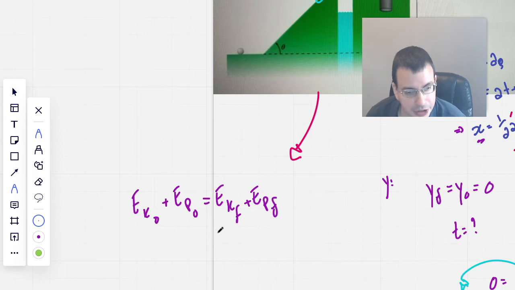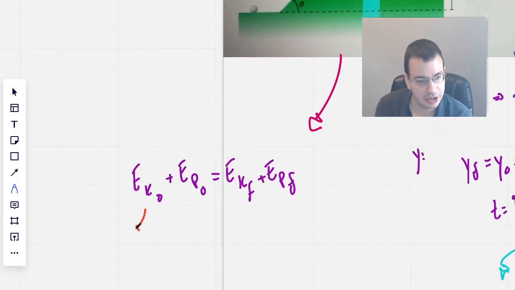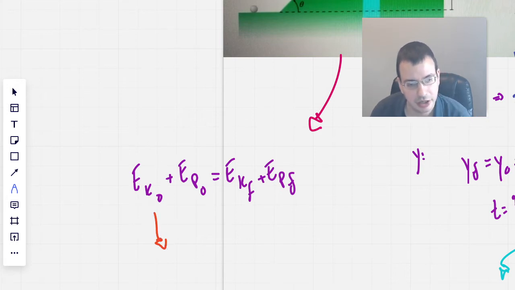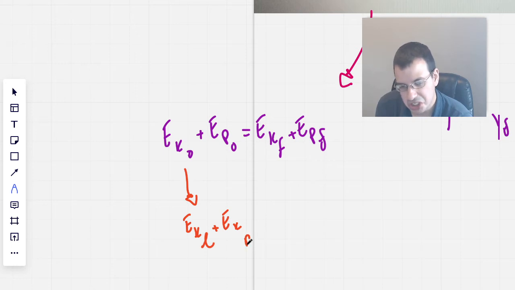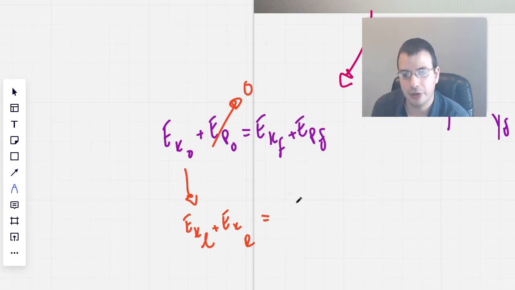Okay, so from here then, we're going to break up this energy. So energy kinetic initially is going to be energy kinetic, I'm going to call this linear, plus energy kinetic rotational equals, and then energy potential initial will be 0 because we're going to assume it starts on the ground.